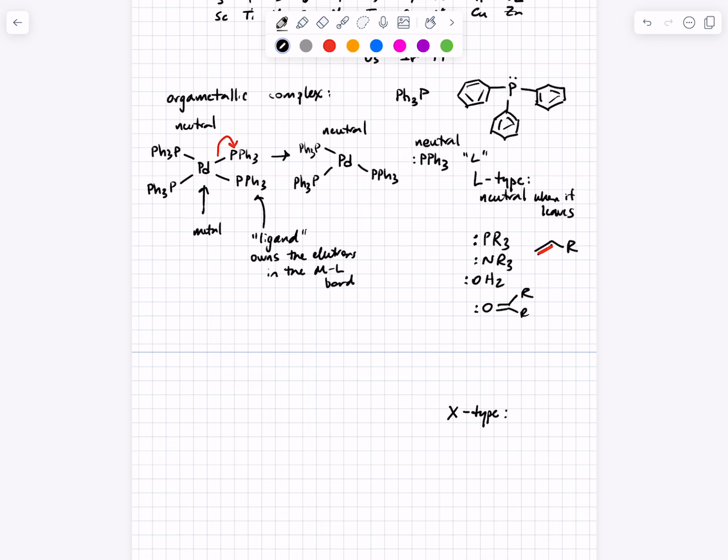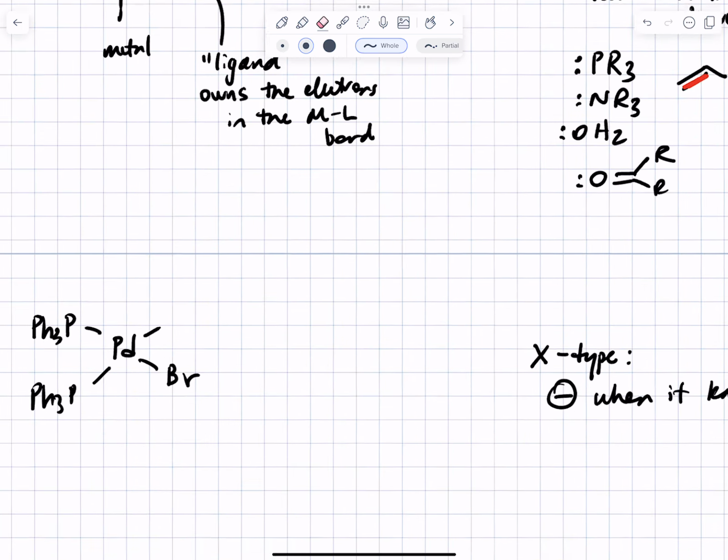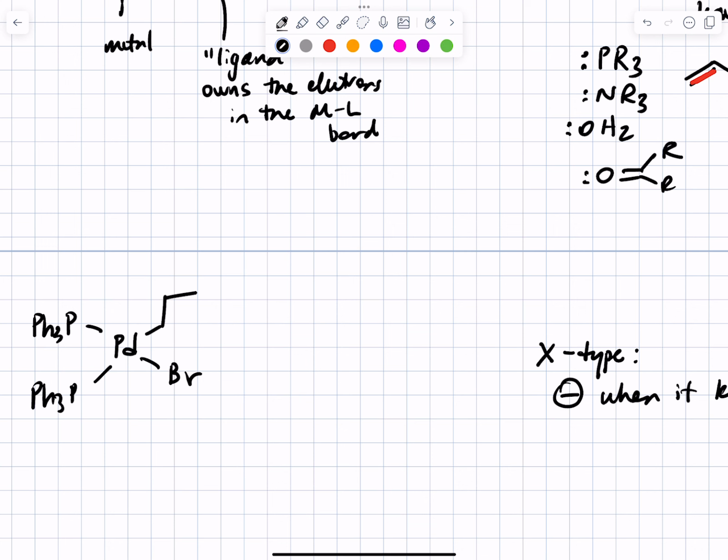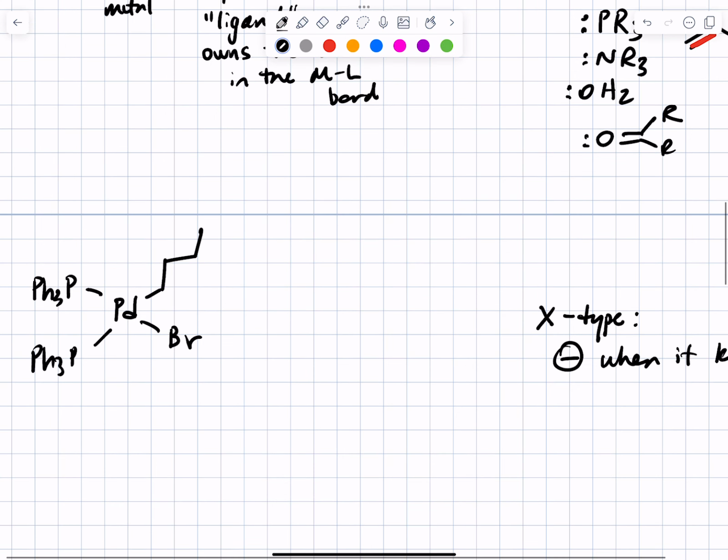X-type ligands, in contrast, leave as anions. So an X-type ligand leaves negatively charged. For example, we'll just modify this palladium complex. Actually, sorry, I want to do two things on this palladium complex. We'll put an alkyl group and a bromide.